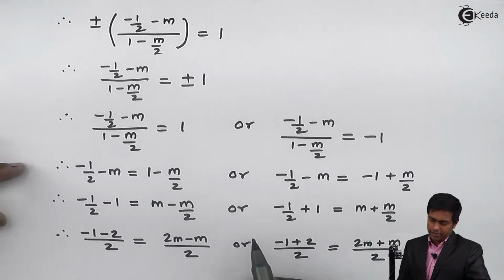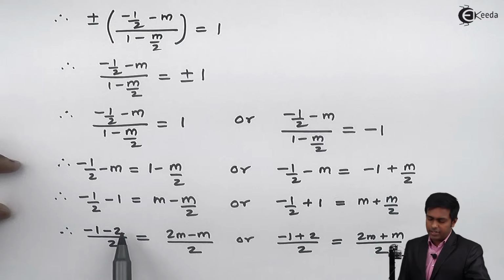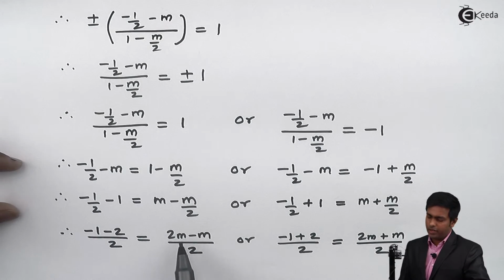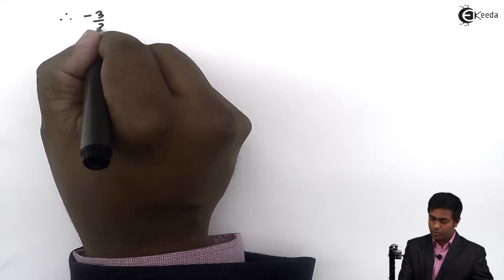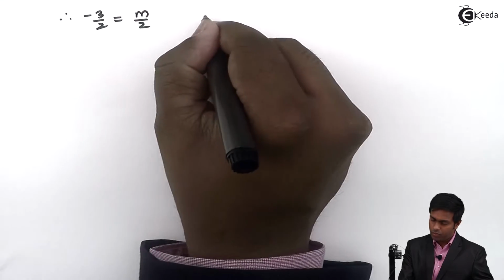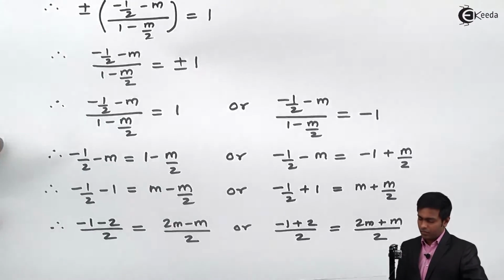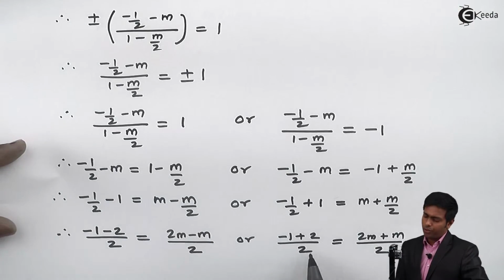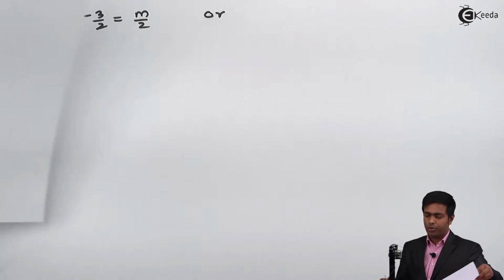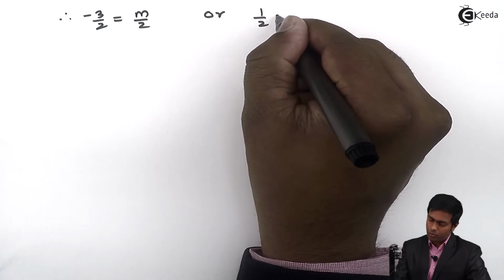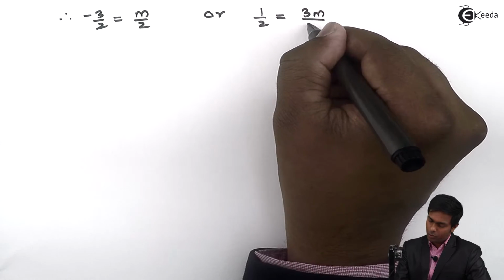So here we'll get minus 3 by 2, here we'll get m by 2. So therefore minus 3 by 2 is equal to m by 2, or here we'll get 1 upon 2 equal to 3m upon 2. So 1 upon 2 is equal to 3m upon 2.